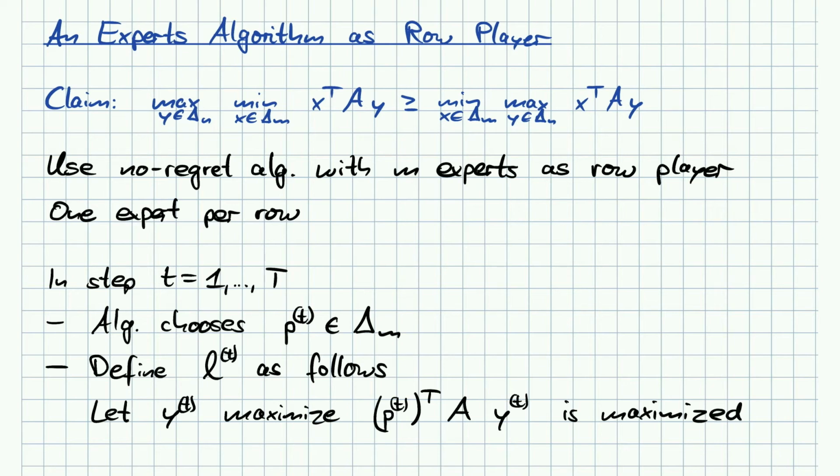So this is exactly what's happening here on the right-hand side. If we are choosing PT as what the row player is doing, then this is how the column player would be reacting, by choosing this YT. And now set this LT to be A times YT.